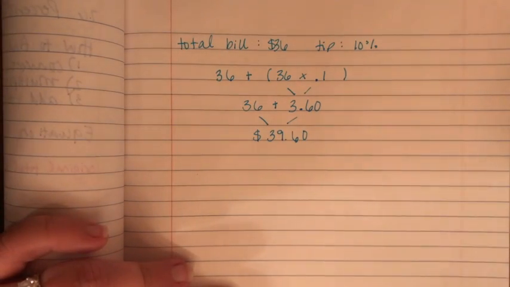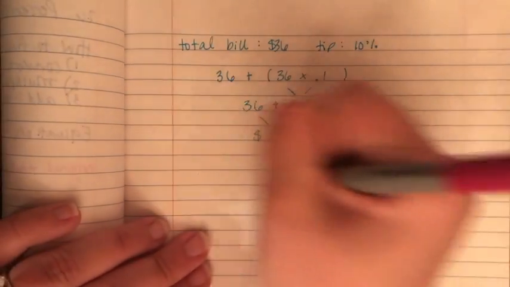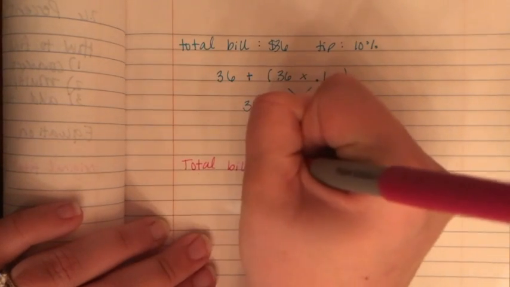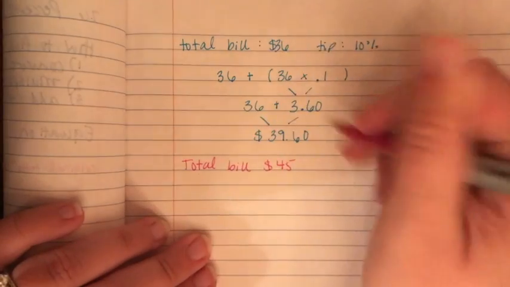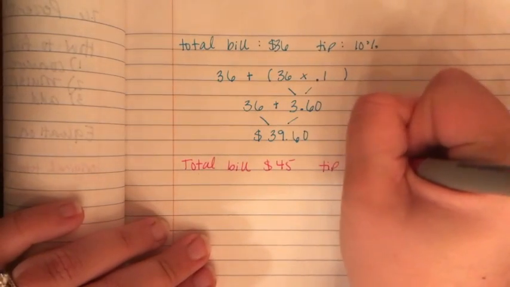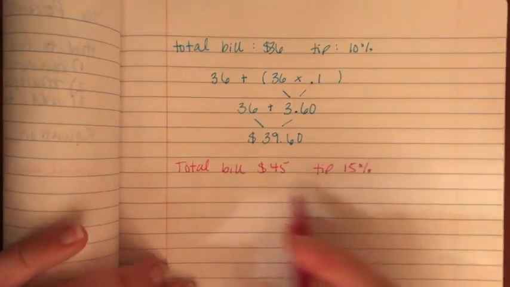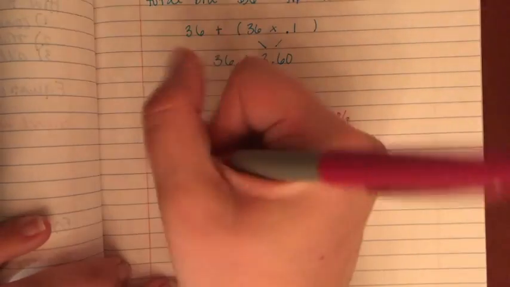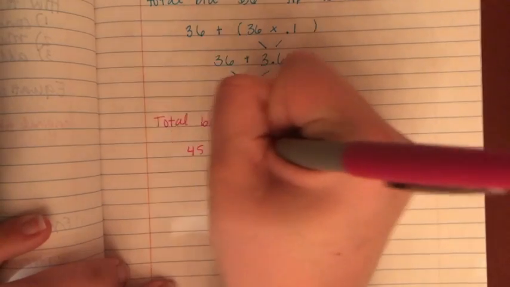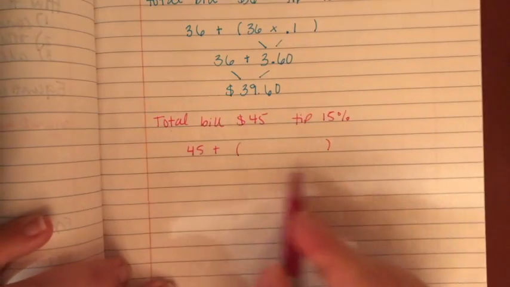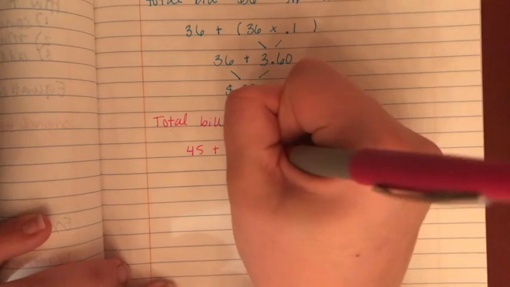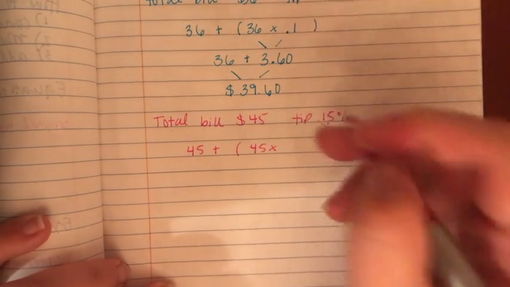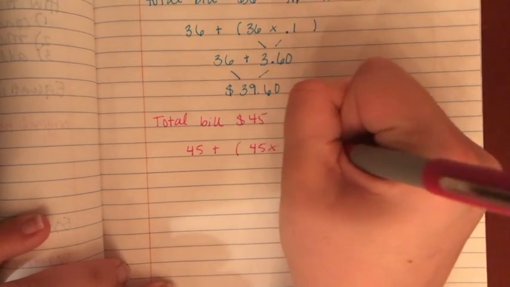Okay, next one, let's do another tip one. Say the total bill is $45 and the tip is 15%, and they want the new total after you add the tip. We have our original plus, in our parentheses, we're going to calculate our tip. So 45 times 15% as a decimal, 0.15.